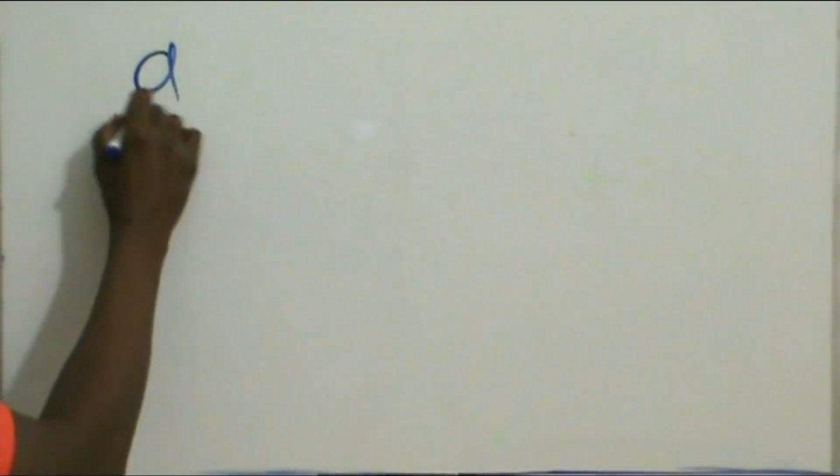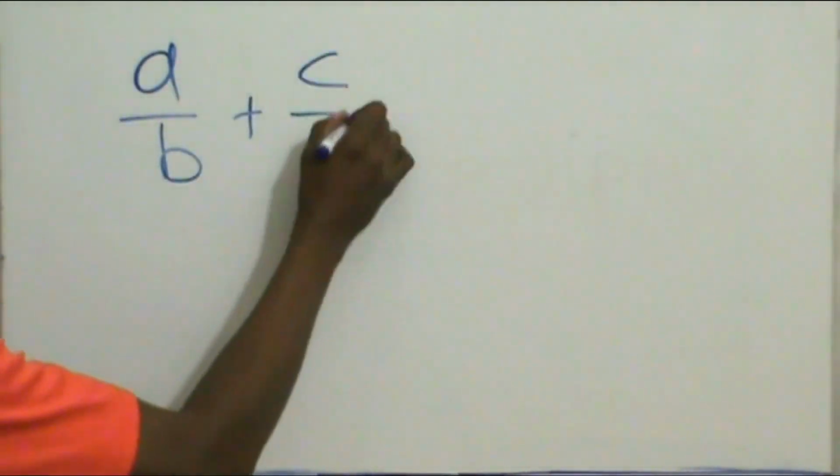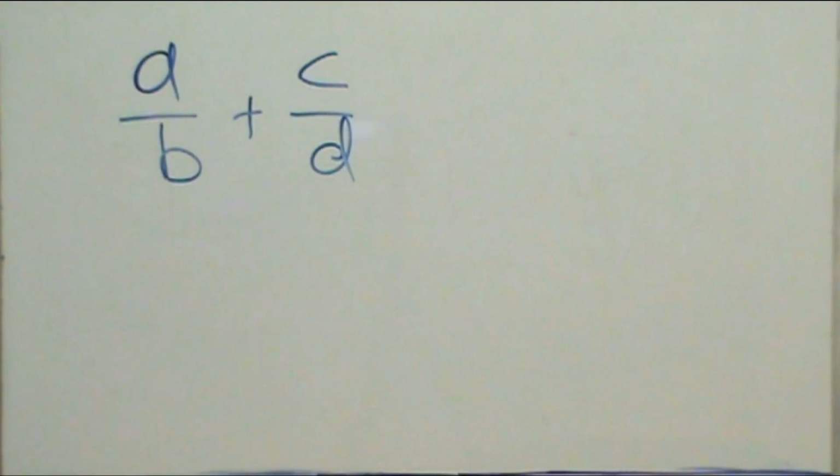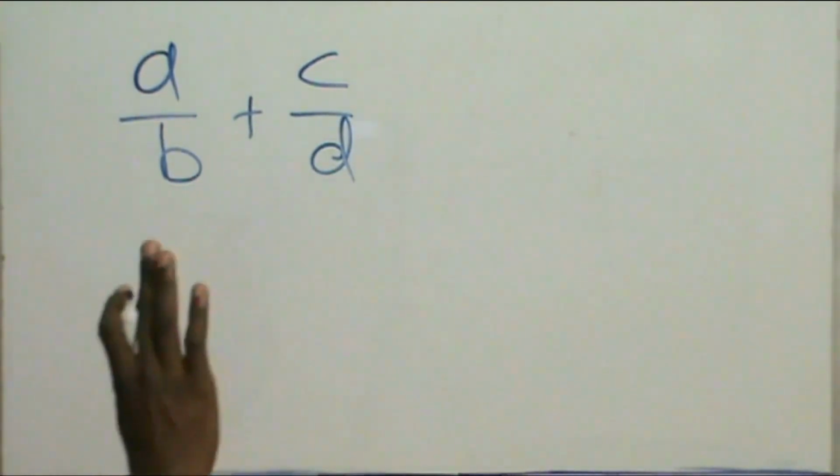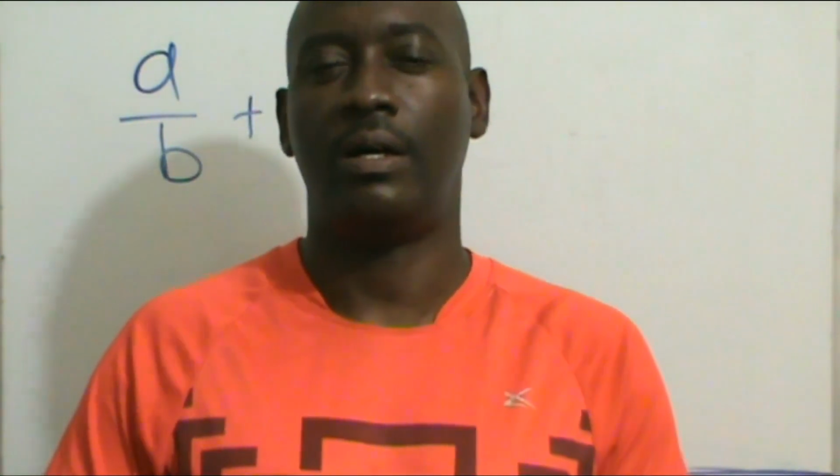If I have two general fractions, let us say a over b plus c over d, and we want to combine these two fractions. Now this is just the mechanics of it. I'm going to explain this without going into too much detail of the mechanics of LCM and all of that.